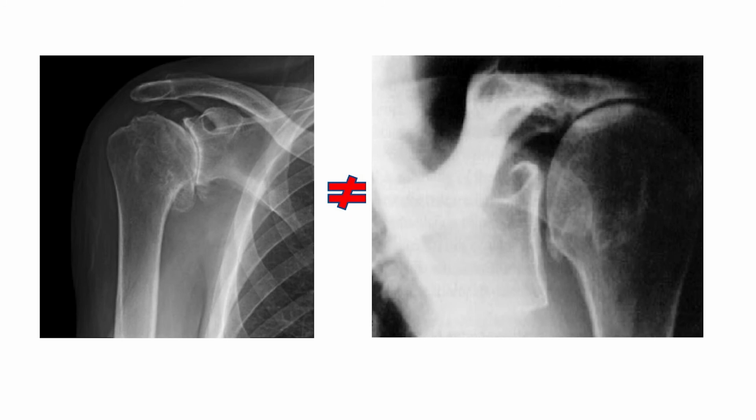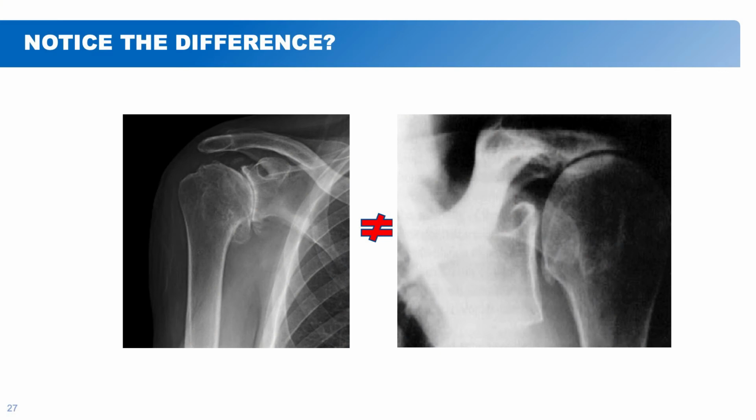The image on the left was the one we saw previously compared to the image on the right. And the image on the right shows that now we have what's called superior migration of the humeral head, where that humerus bone is now up in relation to the socket there. And you actually start to see wear of that acromion bone that we learned about and talked about previously. This is consistent with a massive rotator cuff tear.